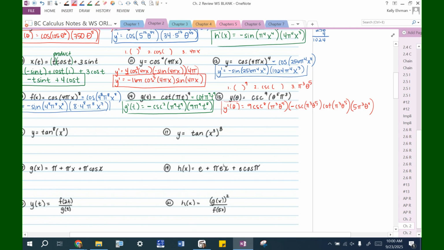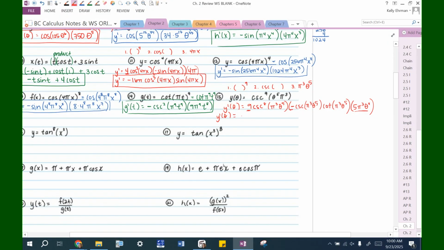I am not cleaning that up. I could if I really had to. You can multiply this, this, and this together, and then put your trig stuff. Actually, okay, fine. I will, actually. There's quite a bit to simplify, so why not? All right, so that's y prime of theta equals 9 times negative 1 times 5. This is all being multiplied together, so I can do that.